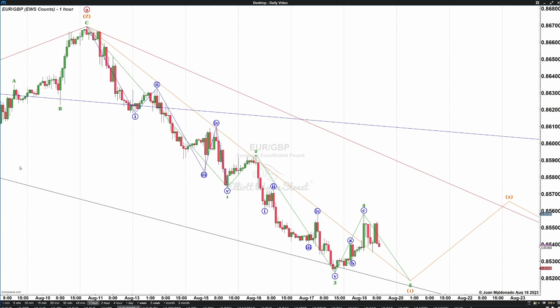So instead of saying, oh, I think this is the end of the wave 1, or here is the end of this wave, nope, just build your trend analysis.